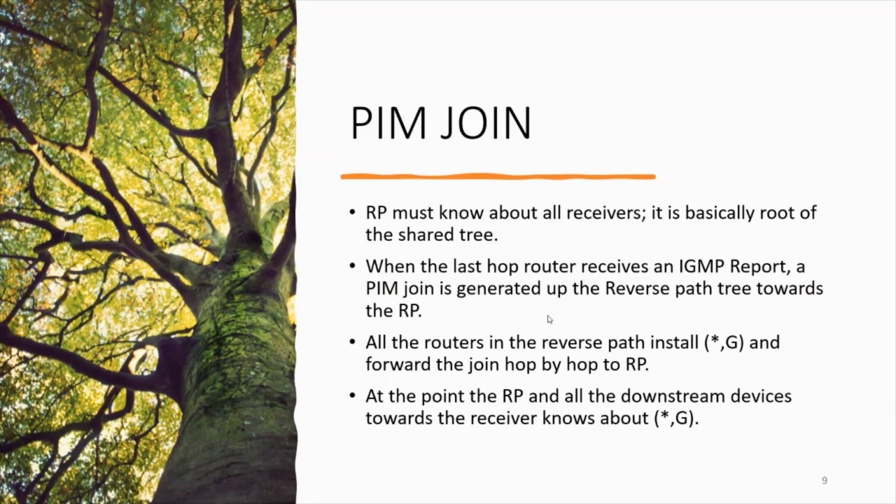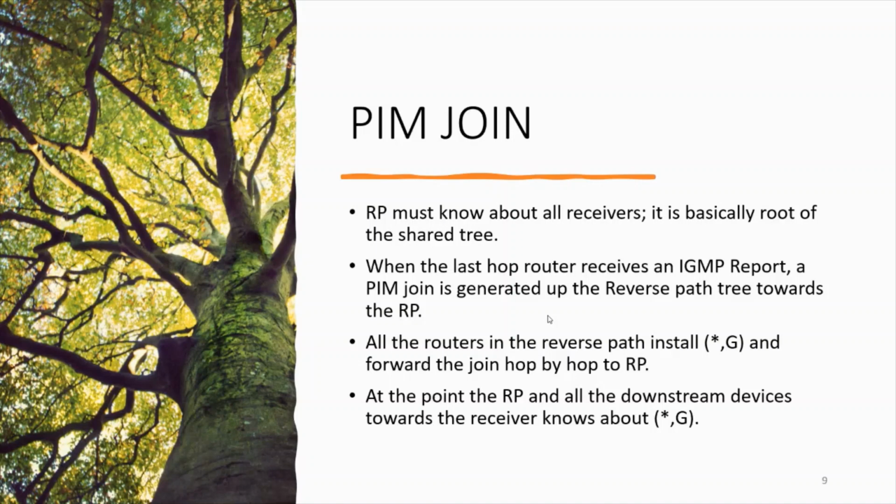Here we are going to talk about the PIM join message. Like in the earlier slides or videos, I have already explained that IGMP is used for host to router communication, while PIM is used for router to router communication. When the last hop router receives an IGMP report, a PIM join message is generated, and it goes up the reverse path tree towards the RP.